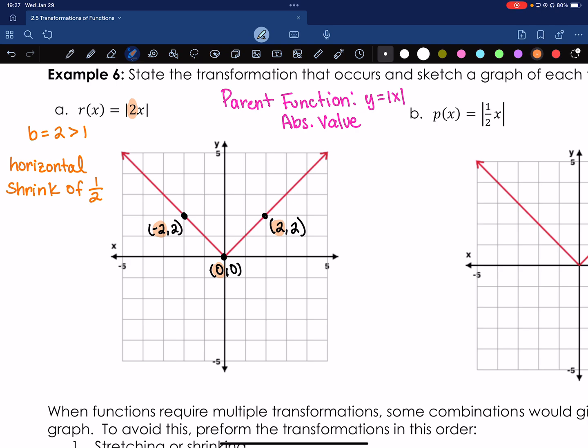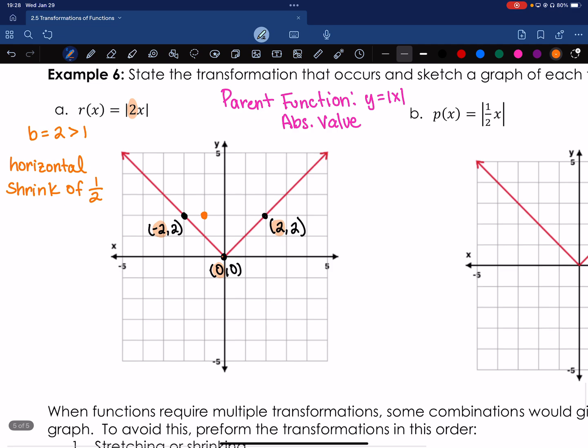So if we do this, we have, let's see, -2 divided by 2 is a -1. If we multiply by 1/2, we still get a -1. So that's going to turn into a -1, 2.